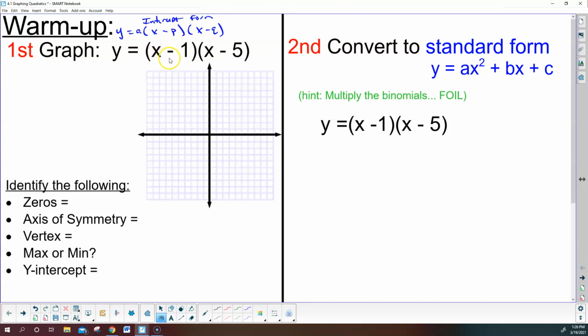Which means we can set each one of these parentheses equal to 0 and solve, but you could probably do that in your head. You can see that it's opposite of p, opposite of q. If you don't recognize that, we're basically saying, well, what if y is equal to 0? If y is equal to 0, then each factor would be equal to its own 0, just like we talked about last week. And that gives me my two zeros.